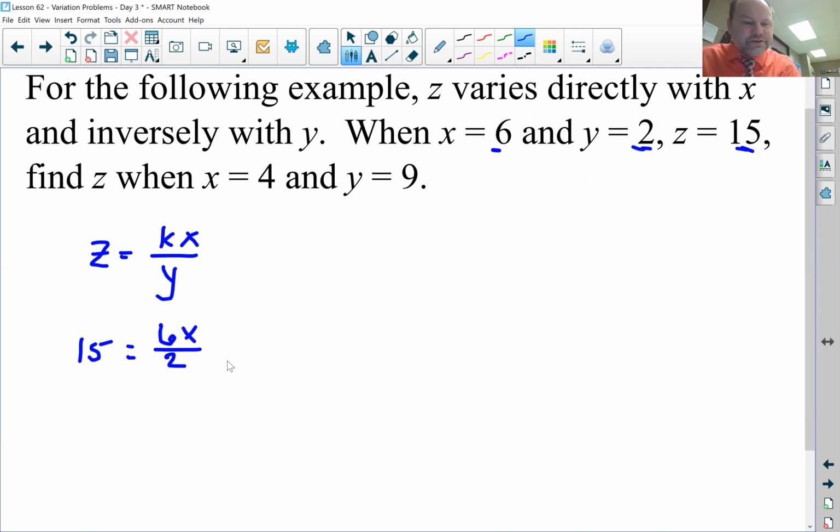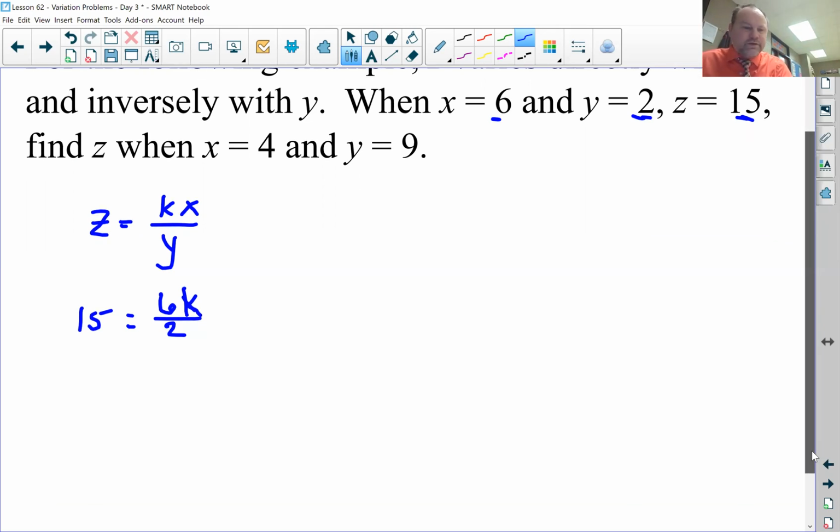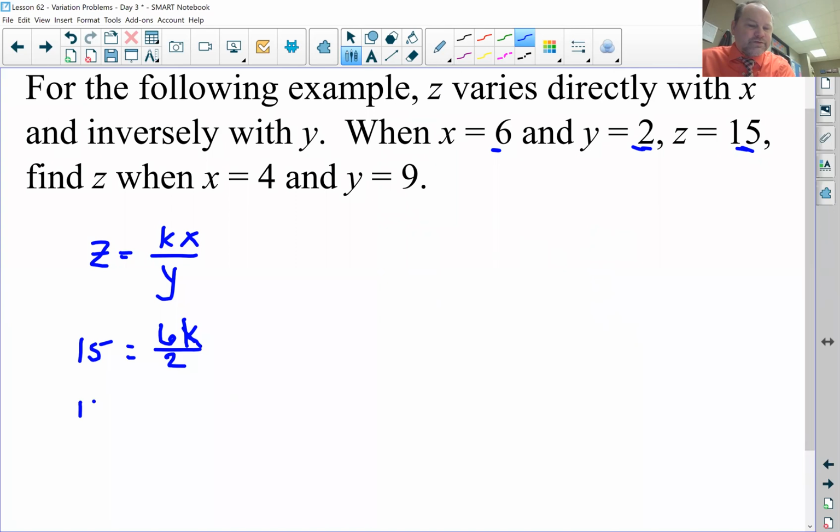I'm sorry, 6K over 2. That looks like a K almost. So 15 would equal 5K. K is equal to 3.